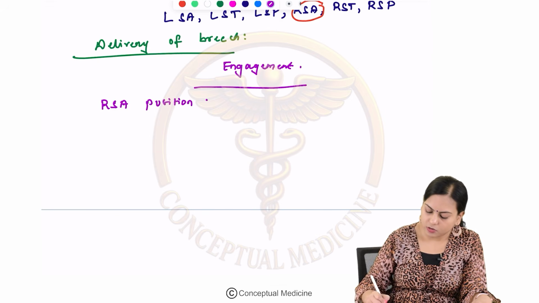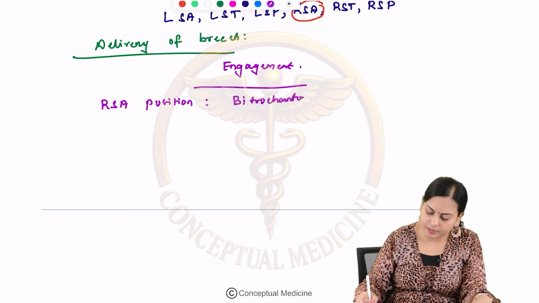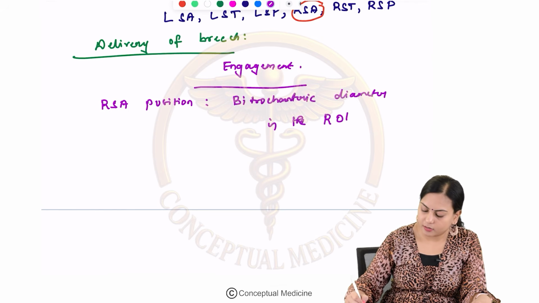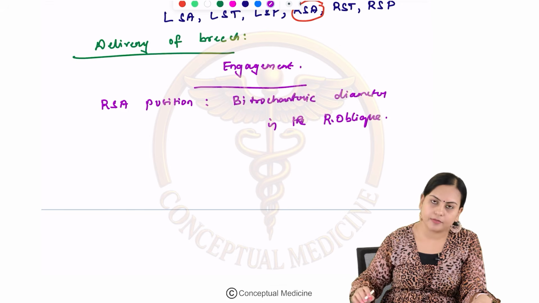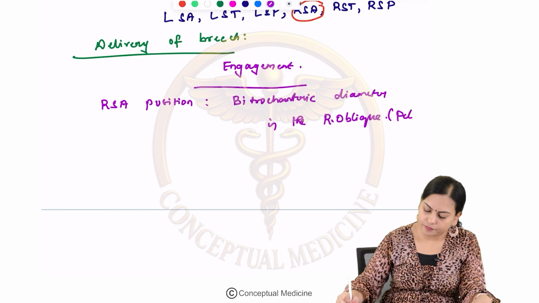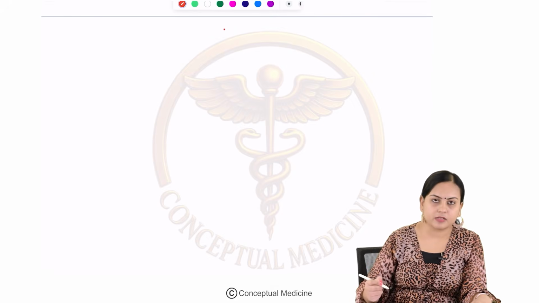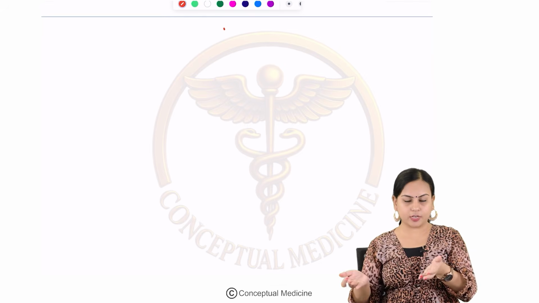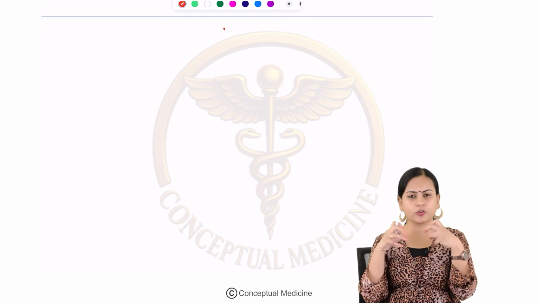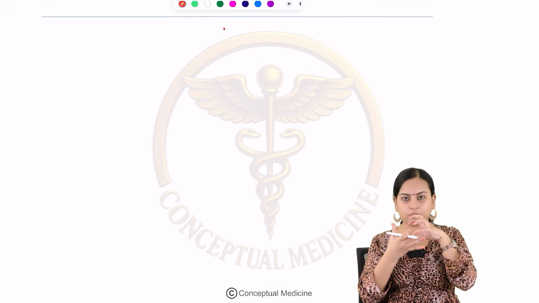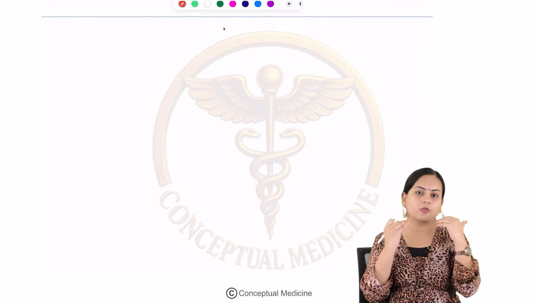So, the engaging diameter, which is the bitrochanteric diameter, is going to engage in the right oblique diameter of the pelvis. Clear? Now, throughout the breech delivery, there is going to be descent and there is going to be compaction.